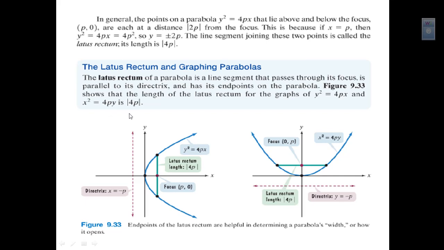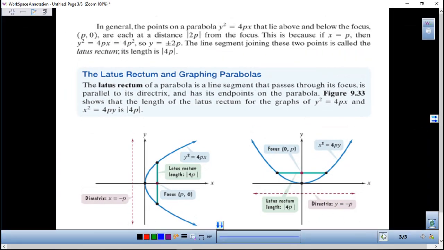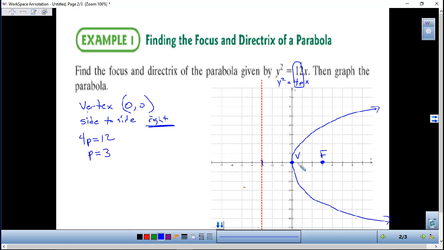So with that last problem we were just looking at, right here, if 4p is 12, this thing should have been 12 units apart. So what we would have done is through the focus we would have gone 1, 2, 3, 4, 5, 6, and 1, 2, 3, 4, 5, 6, and our parabola actually is supposed to go through those points.